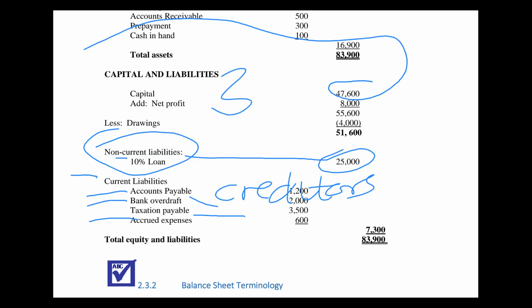You owe them, and you are supposed to pay them. So those will be called the accrued salaries, because you will need to pay your workers. Accrued rentals: you have been using the facility for some time and you have not paid the rentals to your landlord. And you know that after some time, you need to pay. So accrued expenses are recorded as current liabilities here.